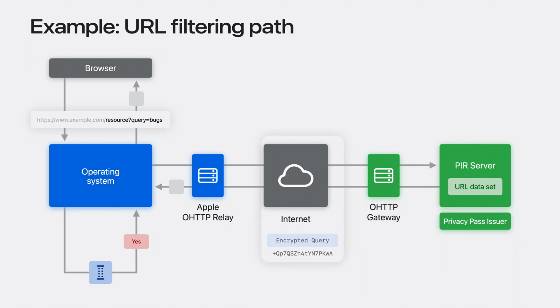At the server, a database lookup is performed with the received encrypted query to get a match result. The server has no knowledge of what is being queried or what is being returned. The server encrypts the match result and replies back. The system on device decrypts the response. If the returned result indicates a match, the URL will be denied and the browser will fail the request.